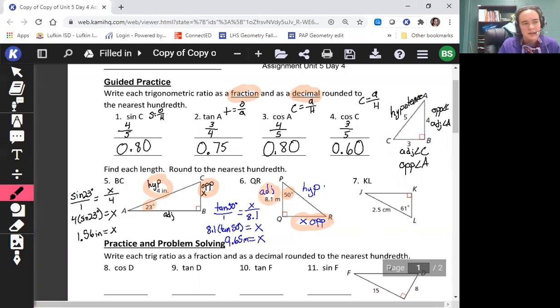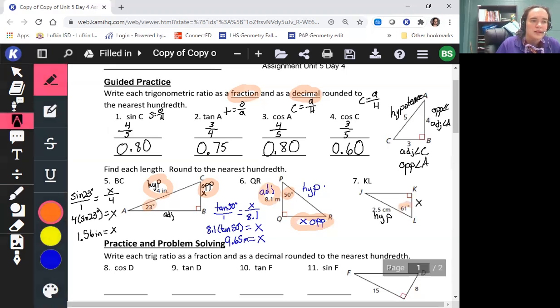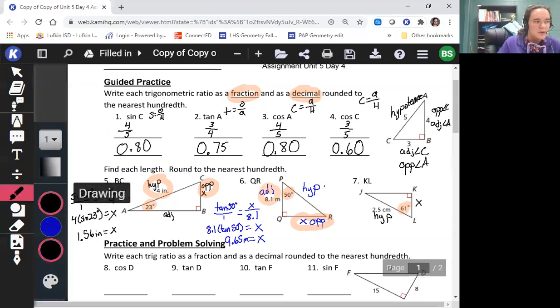And the last one on the guided practice, we're looking for KL, so that is x. Label our hypotenuse. That's the 2.5. And then we are looking from that 61 degrees. So next to that 61 degrees is our x, it's adjacent.